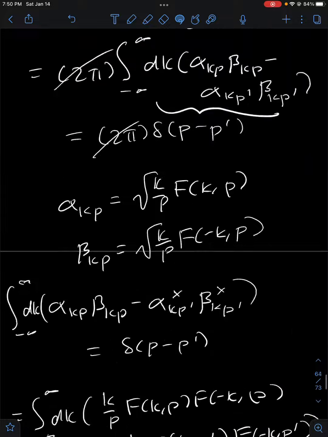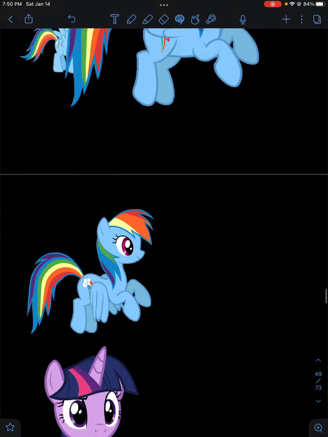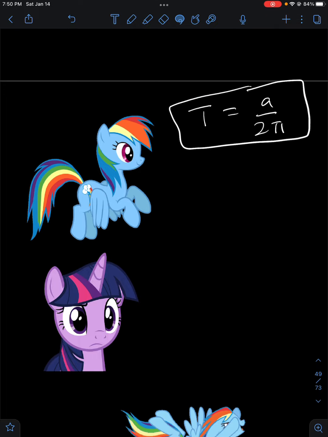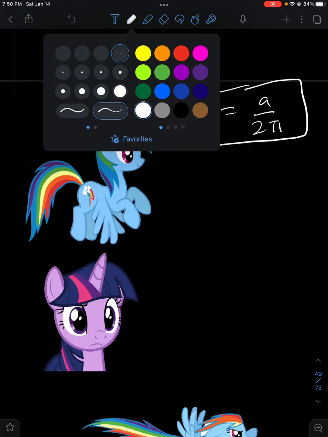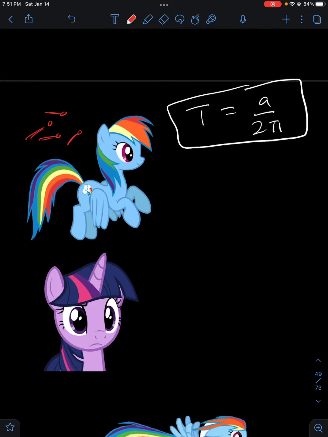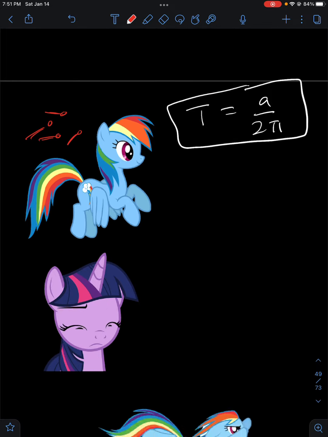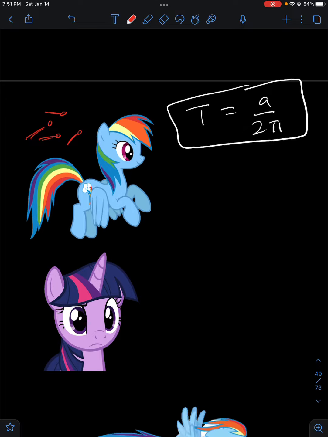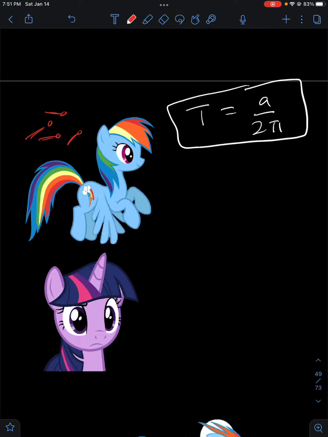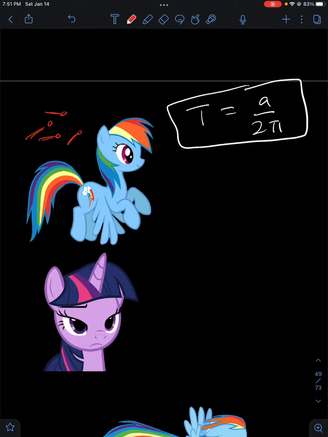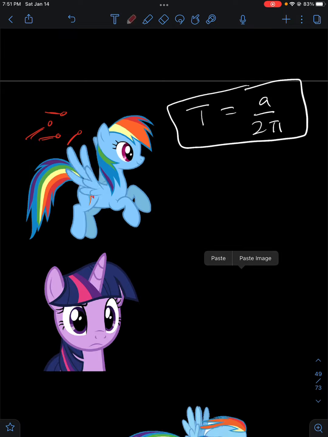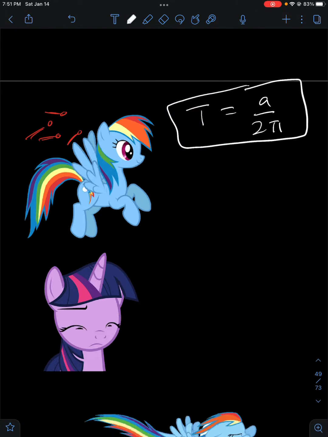So if we go all the way back up here, this means that Rainbow Dash, since she's accelerating, is going to see particles present. And this radiation is going to look like black body radiation. And the temperature that forms as a result of the particles moving around with kinetic energy is going to be proportional to her acceleration. Now, Twilight Sparkle is going to see 0 particles, right?